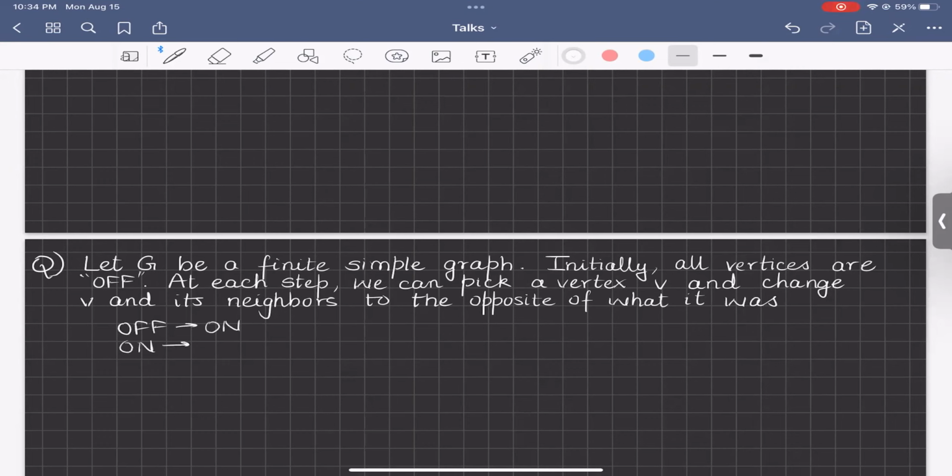Basically, off becomes on, on becomes off. Prove that all vertices can be switched on. You can assume connected because you can do it for each connected component.